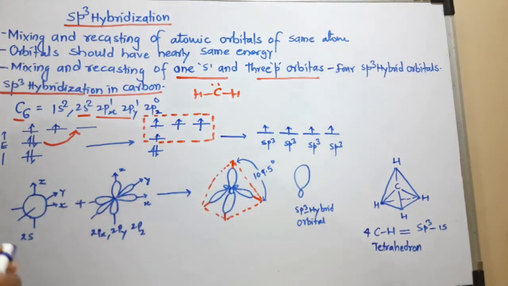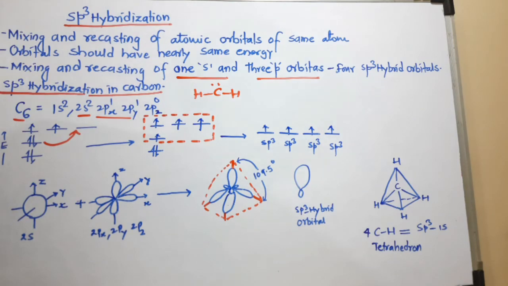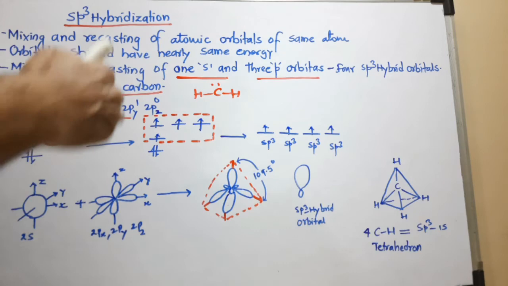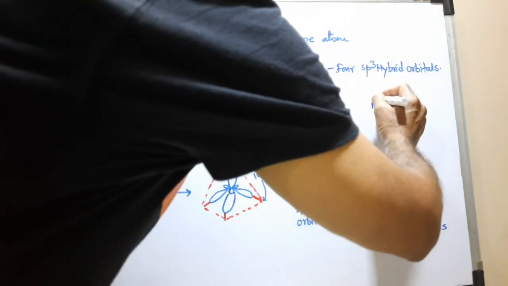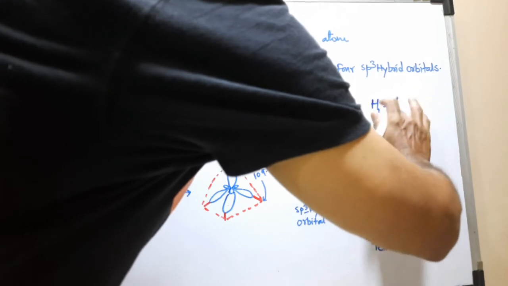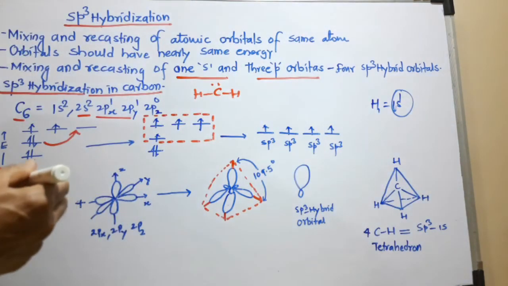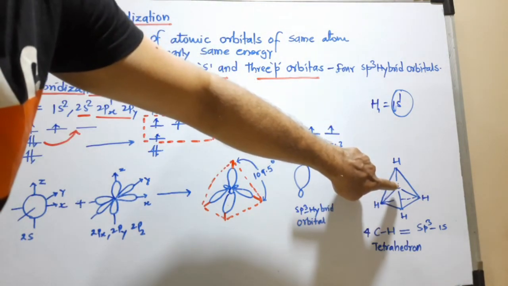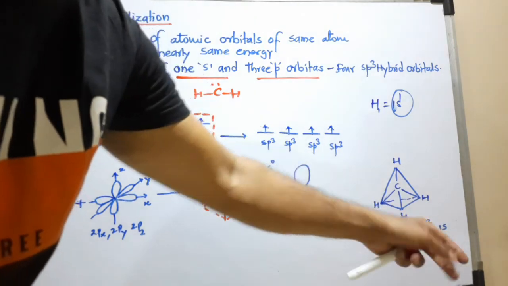So once carbon forms sp3 hybrid orbitals, it can form covalent bonds with different atoms. Now you know hydrogen, its electronic configuration is 1s1, just one electron. So this atomic orbital is there, and a bond is formed between carbon and hydrogen after sp3 and 1s orbital overlapping.